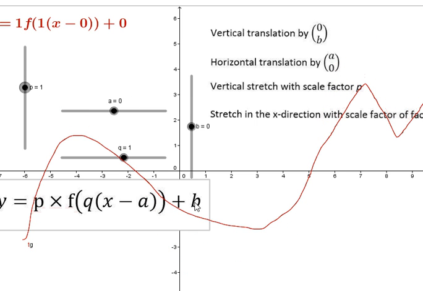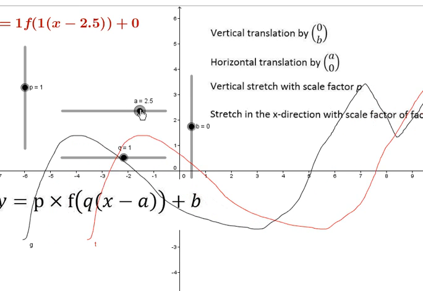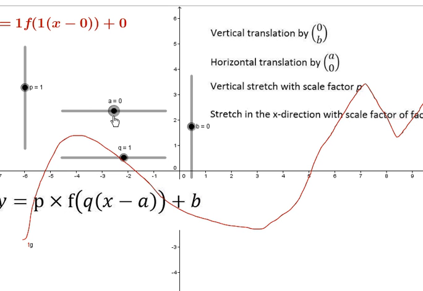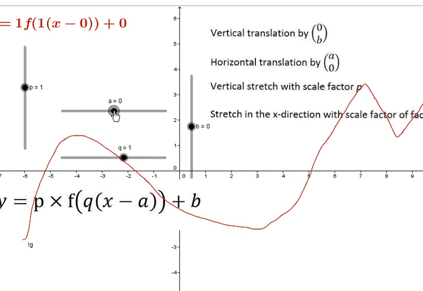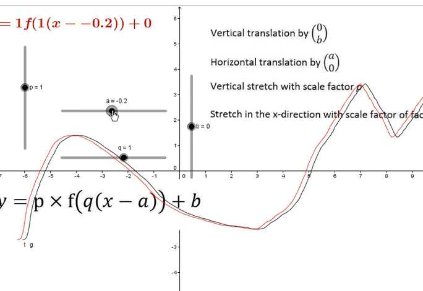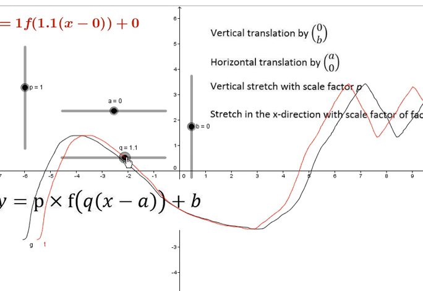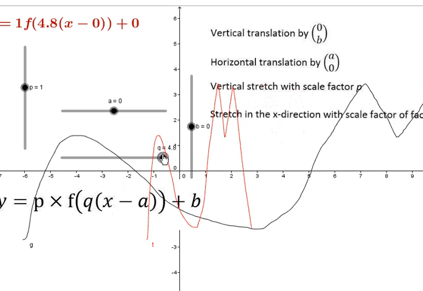Okay, now those are two parameters outside the brackets. Let's look inside. The parameter a, if I move that in the positive direction, the graph moves in the positive direction. Go back to the beginning. Now if I move it in the negative direction, the graph moves in the negative direction. Now the last one is q. That's also inside the brackets. And it's kind of a tricky one, because the bigger the value of q, the closer the graph is to the y-axis.